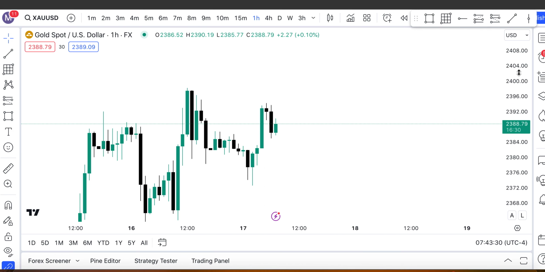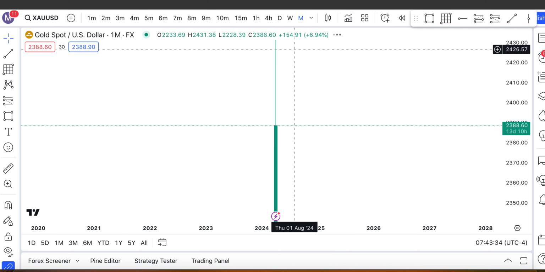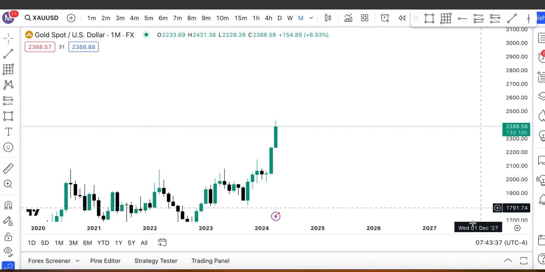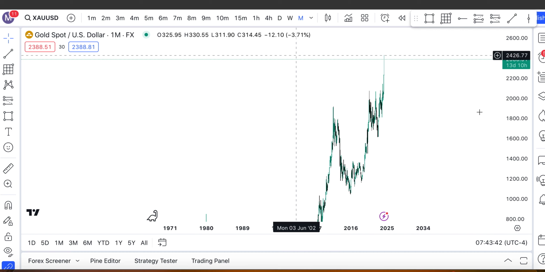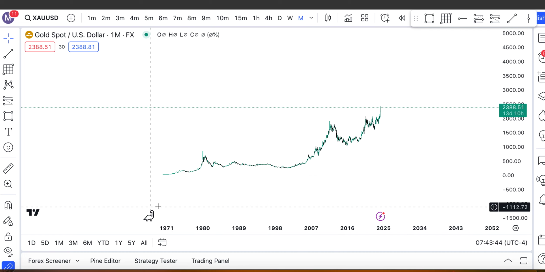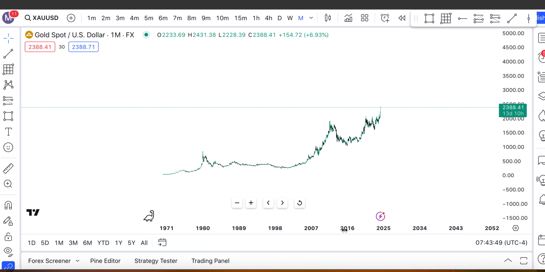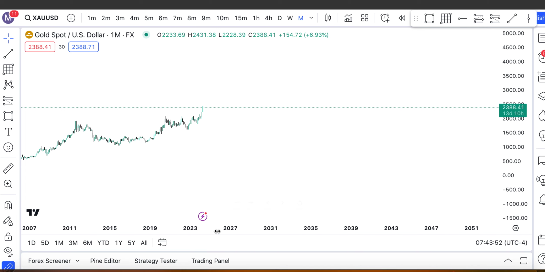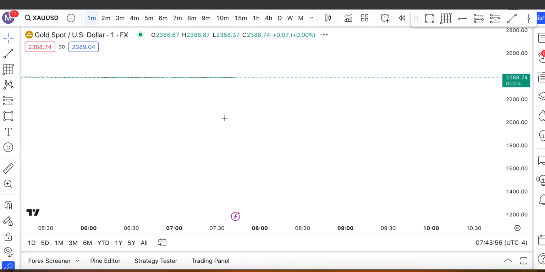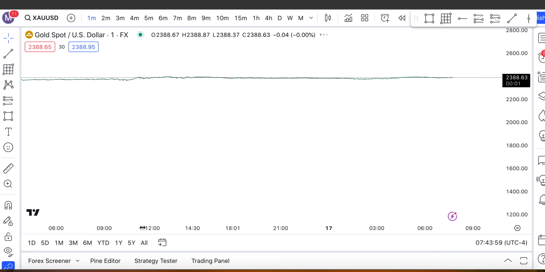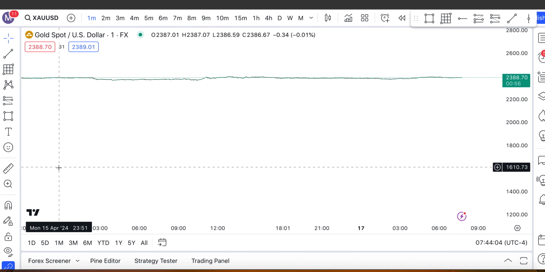Obviously, let's go on a monthly time frame. On a monthly time frame for gold, we can see back to 1971, because each candle represents a month's worth of price action. So imagine how many 1 minute candles are in one monthly candle. And then we jump down to the 1 minute, zoom all the way out, and we only go back, how many days is this?